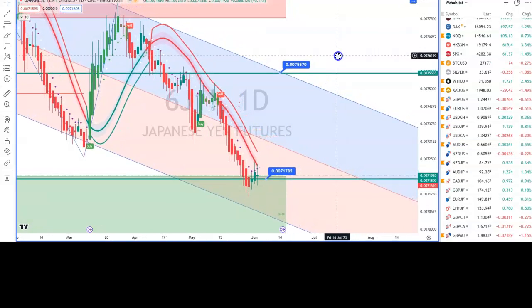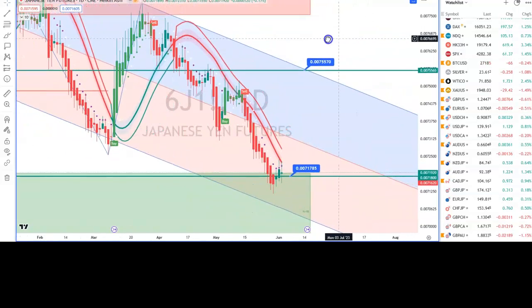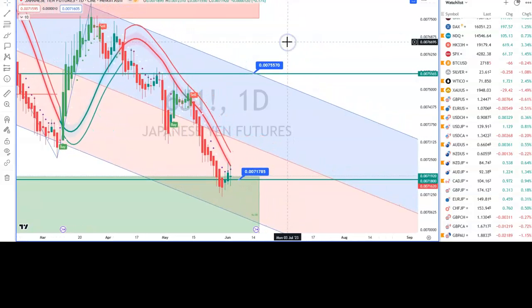So having said that, we've had weakness in the yen for the last couple of weeks actually, in actual fact since the 10th of April, so quite some time. Now it's got a bit of a problem. As you can see, it's now hit a massive order block, so the buyers are setting up to step in here.